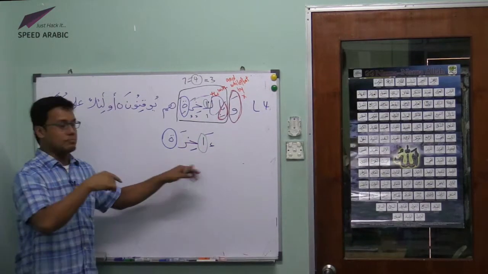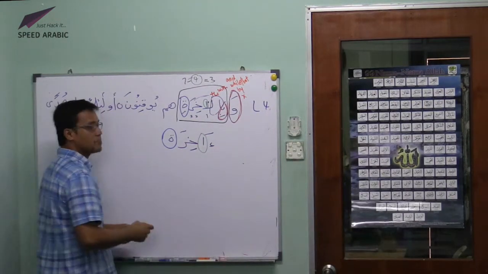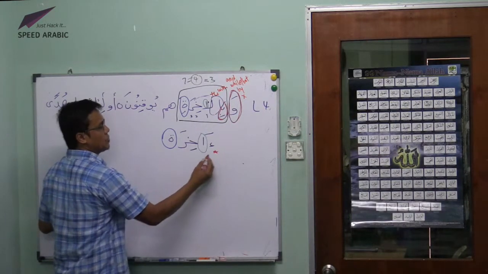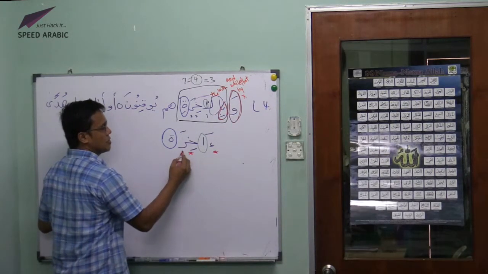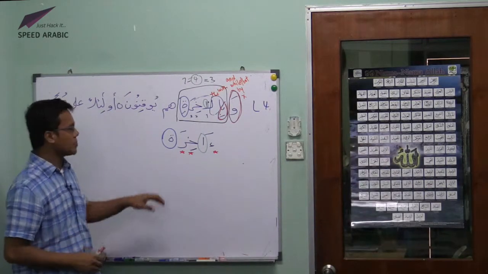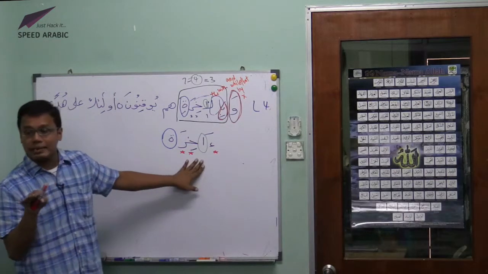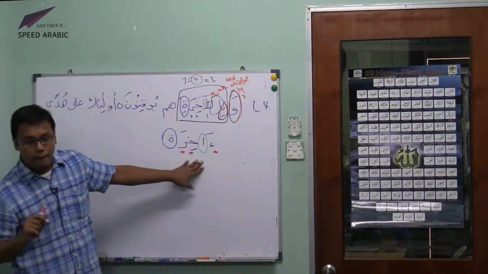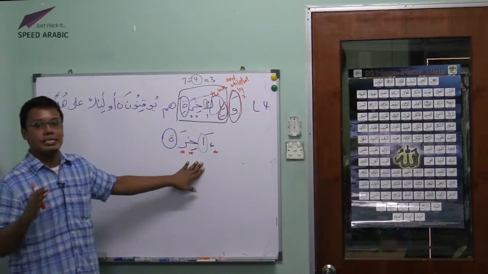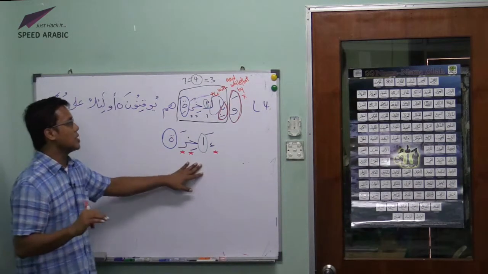The first one, right? Because the first alif is preceded by one root and two roots come after that. Did I write the meaning of that? What's the meaning? One who, or in Melayu, yang.